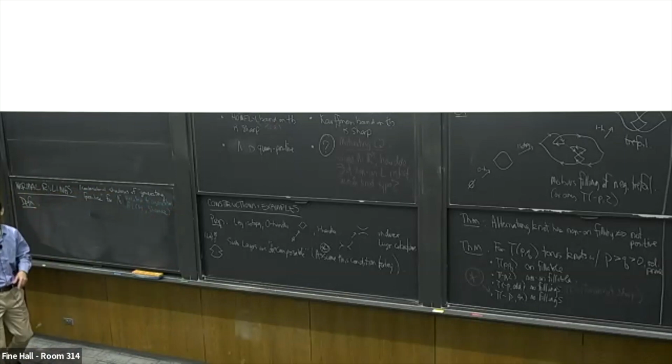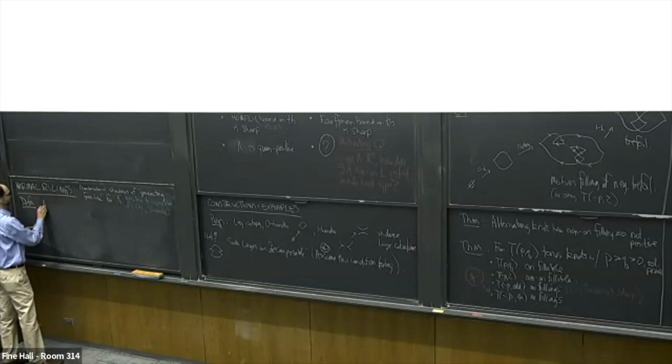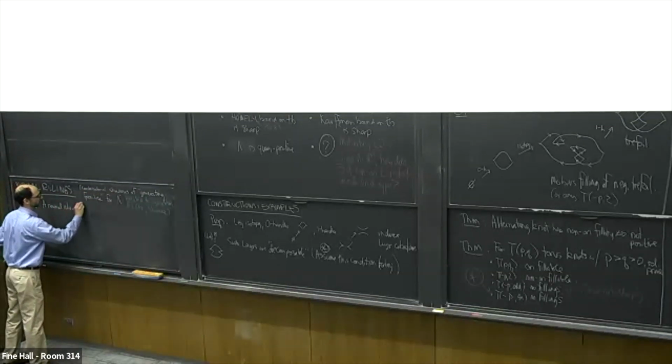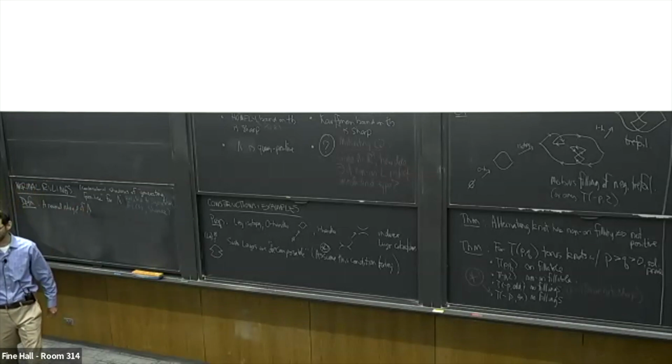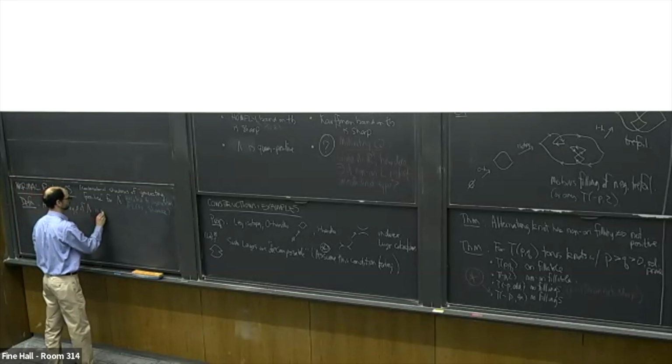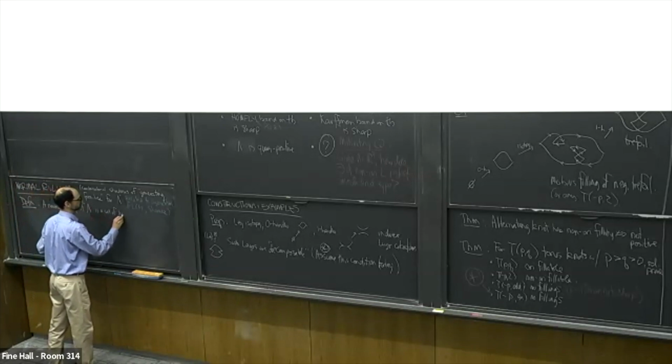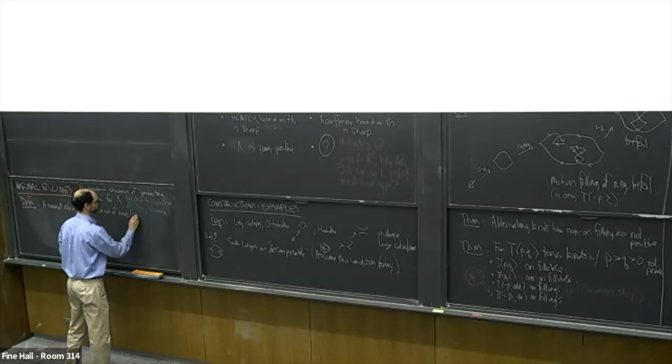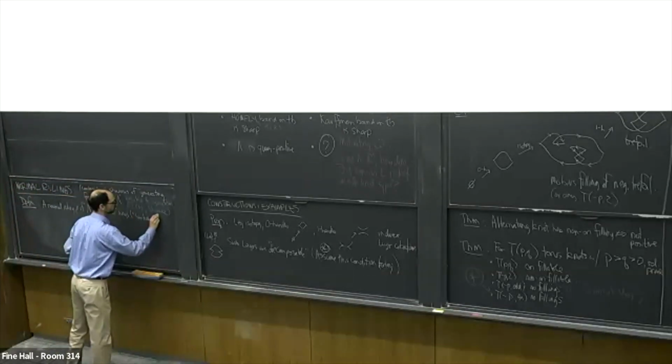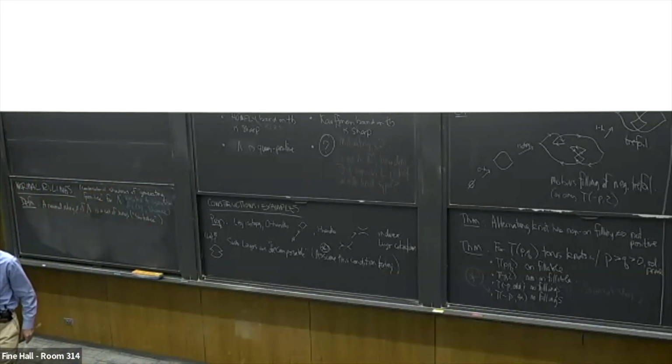So a normal ruling rho of a Legendrian knot lambda is just a set of crossings, which we'll call switches, so that when you resolve the switches, you get a link of unknots, and that link of unknots has to satisfy some properties.